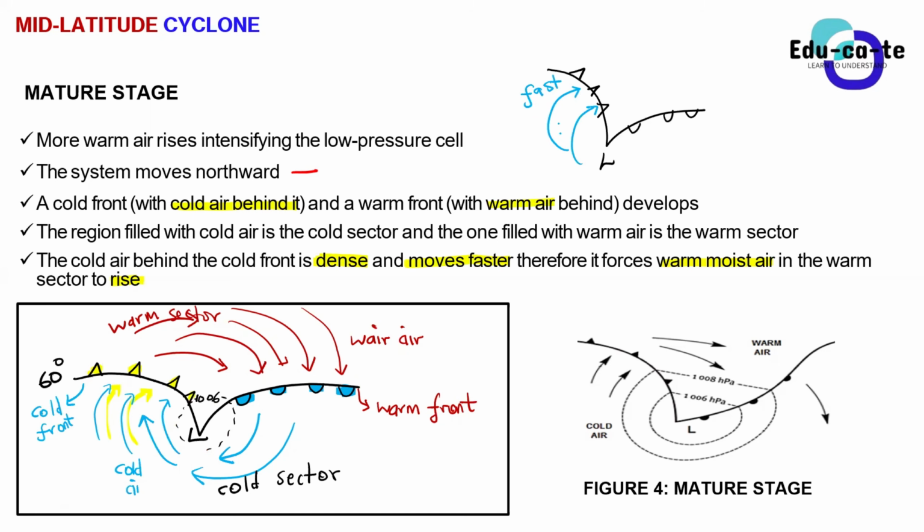So this cold, dense air is moving so fast that it is pushing this cold front so that the cold front could go in this direction. Guys, imagine this cold front being pushed by this cold air behind it. Do you kind of get the imagination? You have to imagine more, guys, because I don't have good graphics to draw.